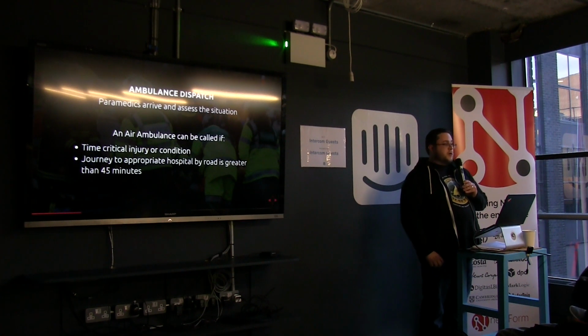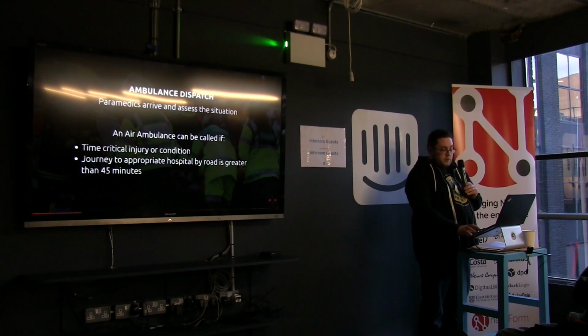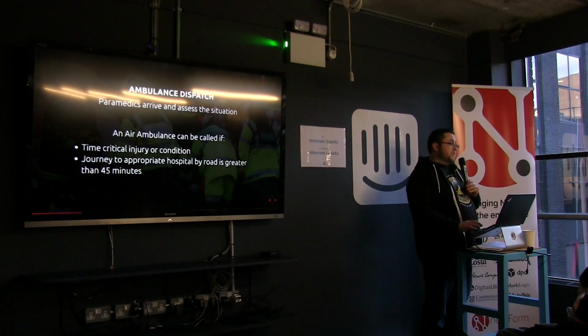I say appropriate hospital because certain hospitals have a speciality in certain things. Some hospitals would have, for example, a great stroke centre, other places would be better with heart conditions. Generally, it's which hospital gives the greatest level of care for this particular injury.